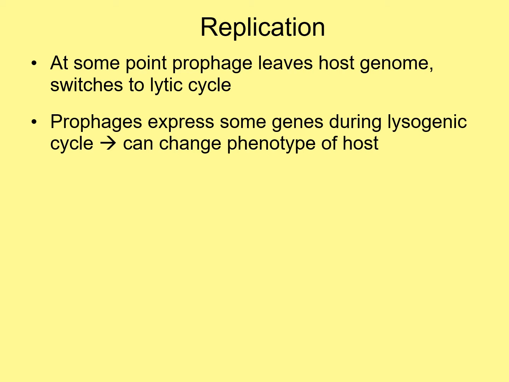Prophages, as I mentioned, are sort of dormant during the lysogenic cycle. They're somewhat dormant inside the genetic material of the host. However, this doesn't mean that the host can't read and make the genetic products that are coded for by the virus, right?